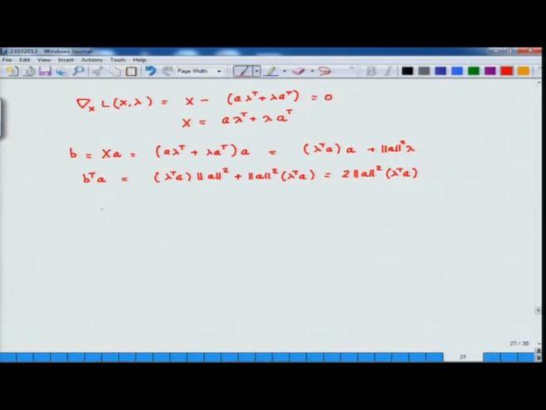Now, the last equation from this one, we have lambda transpose A is equal to A transpose B divided by 2 norm A square. So, lambda transpose A can now be put in here. If I put this here, I can get out lambda.